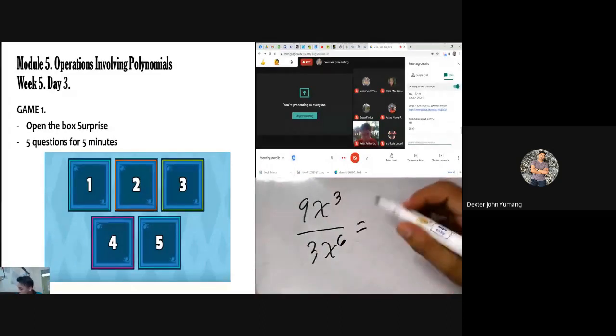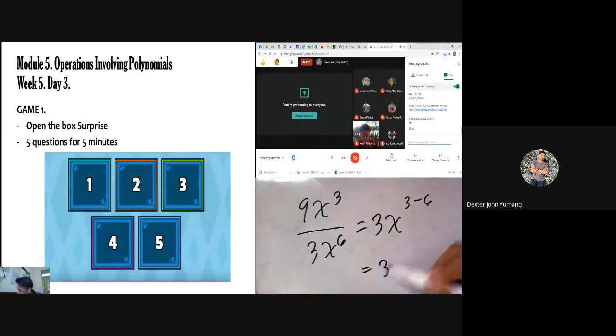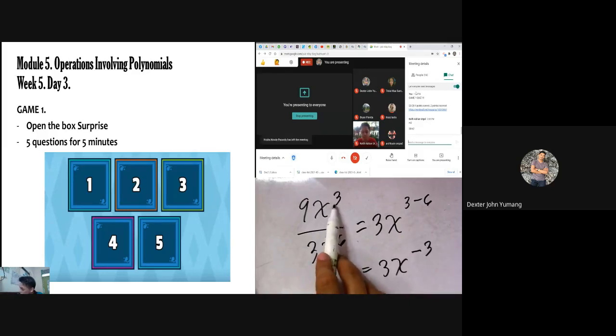And if we subtract 3 minus 6, look at the answer. If meron kang pambayad na 3 pesos pero ang utang mo 6, therefore may kulang ka pa na 3. And kulang is negative. Therefore, the answer here is negative 3. Take note of that. Kapag mas malaki po yung exponent sa baba compared to the numerator, therefore the exponent should be negative.